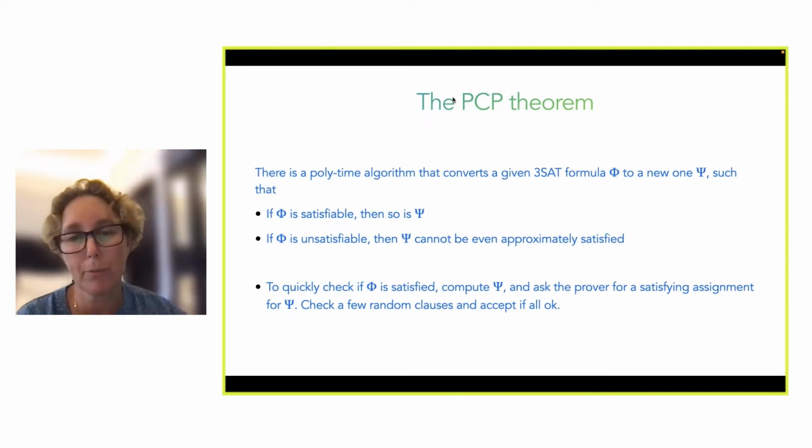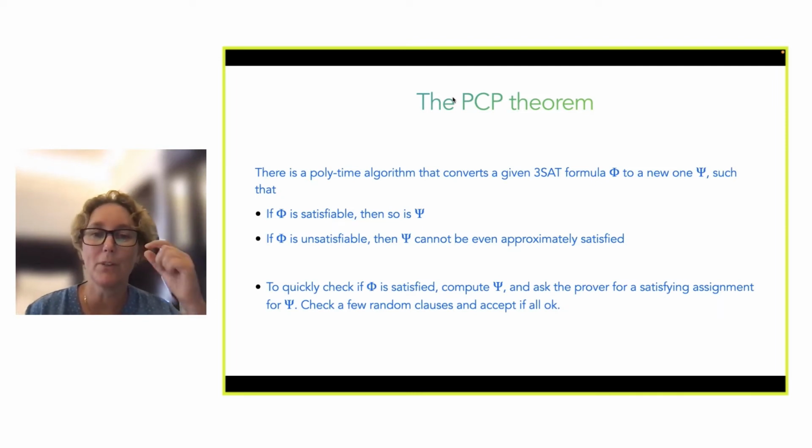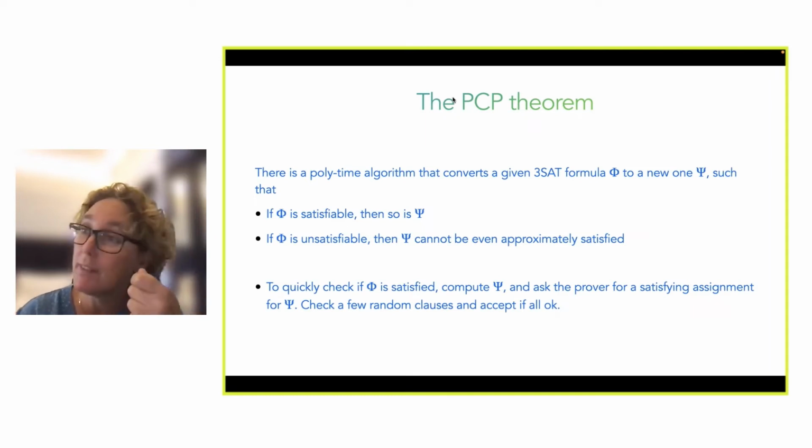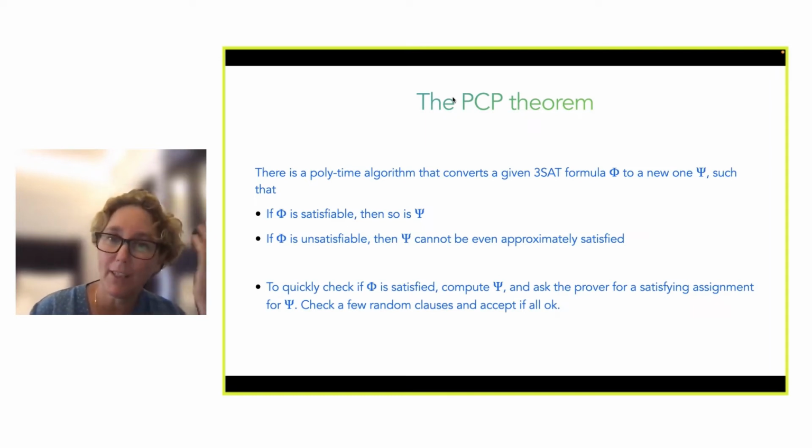I'll get an assignment for psi, and in psi I know that either all of the clauses are satisfied or at least 10% are not satisfied. So I will check maybe 100 of them, and then with high probability I can tell the difference. So I don't need to read the entire assignment. I only need to read 100 bits. Okay, so that's quite amazing.